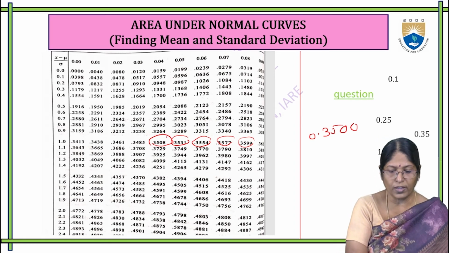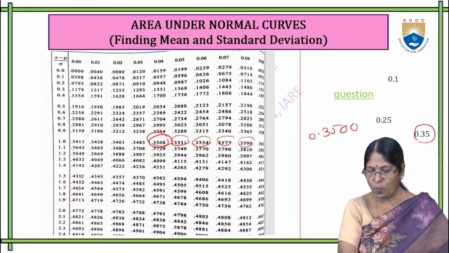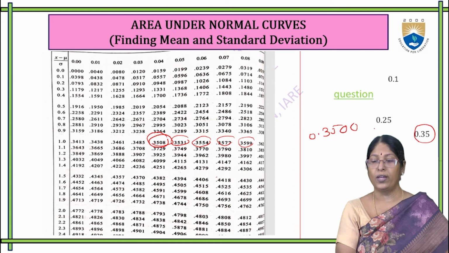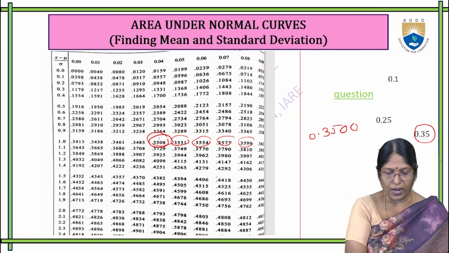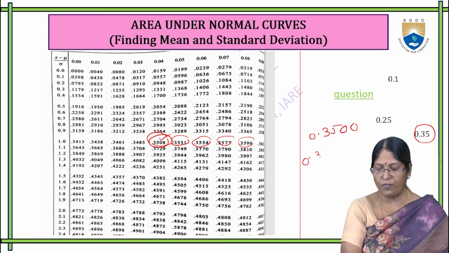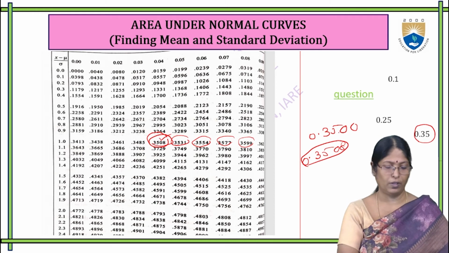So this is selected. 0.3500 is the required data; we selected 0.3508 on the basis of being nearer to this. Fine.